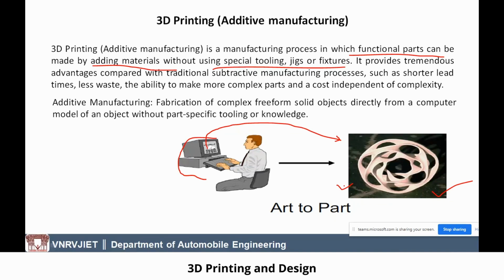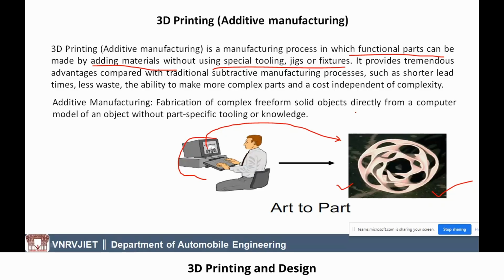That's why any complex part we can make using the 3D printing process, and it is cost independent of complexity. In other manufacturing processes, if the complexity increases, the manufacturing cost increases. But here the cost does not increase much. Only the time of producing the component may increase, but the cost does not depend much upon the complexity.